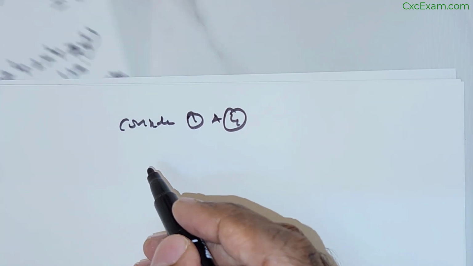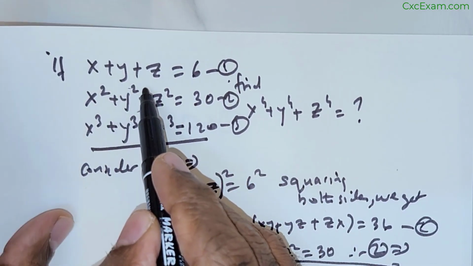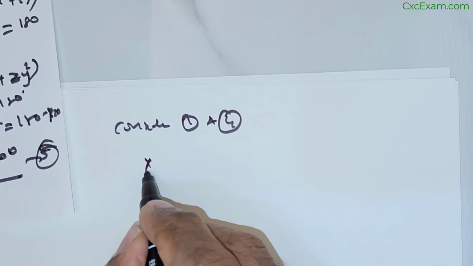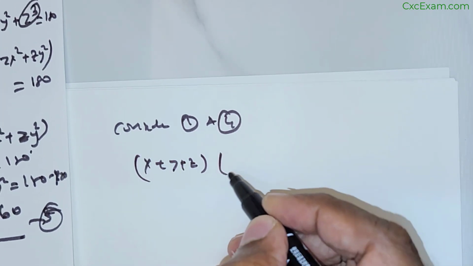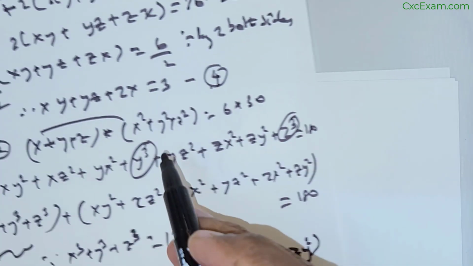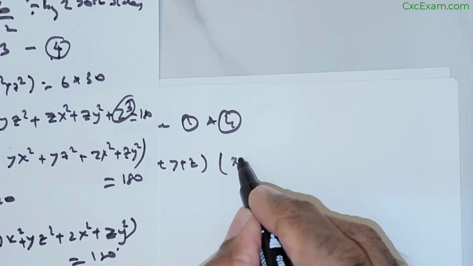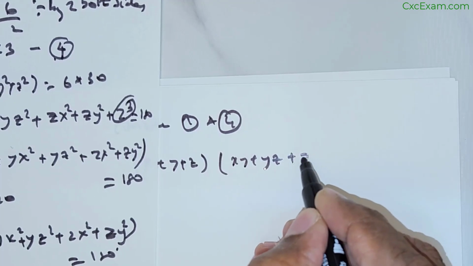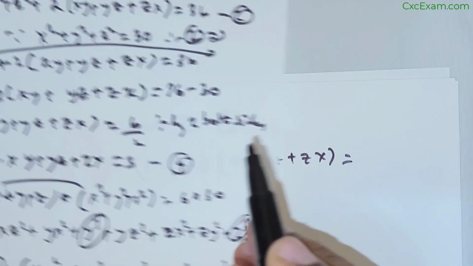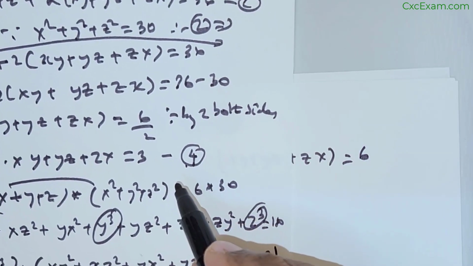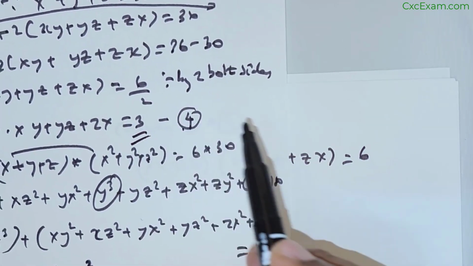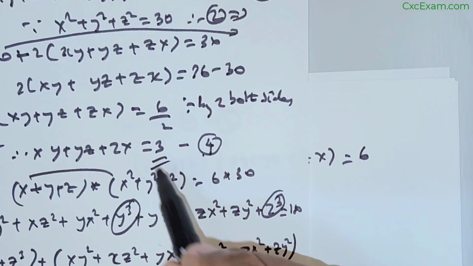So 1 is (x + y + z), multiplied with 4, which is (xy + yz + zx). So 1 is 6 and 4 is 3, right?